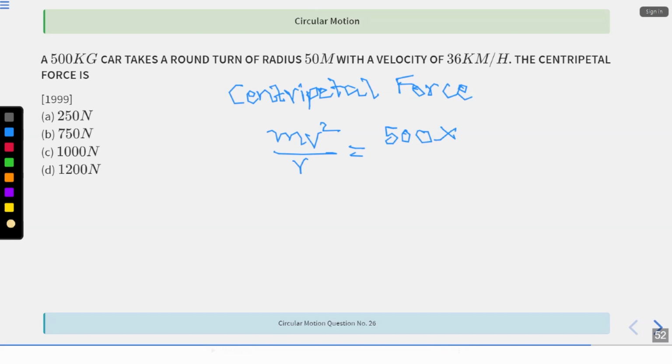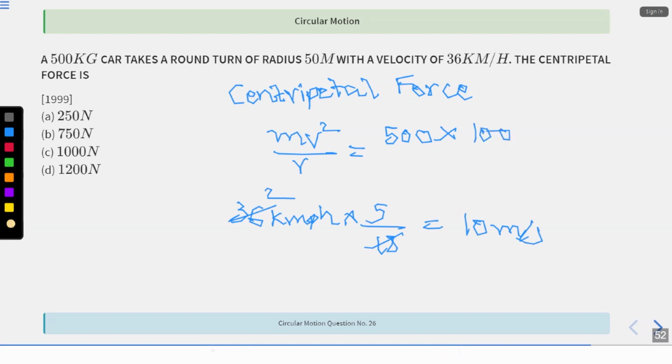I need to convert it into meter per second. If I multiply by 5 by 18, you'll get 10 meter per second. So v square is 100 by r, radius is 50 meter.